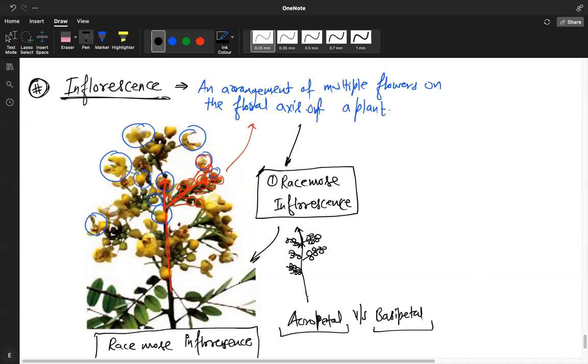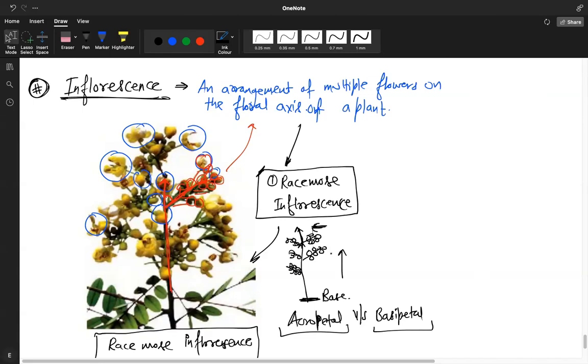If something is growing, so this is the base, right? And it's going up. Okay, Iram and Asha, are you listening? Yes, sir. So from a base, something is growing up. If the new flower or anything new, if the new growth is happening towards the top, then it's called acropetal growth.